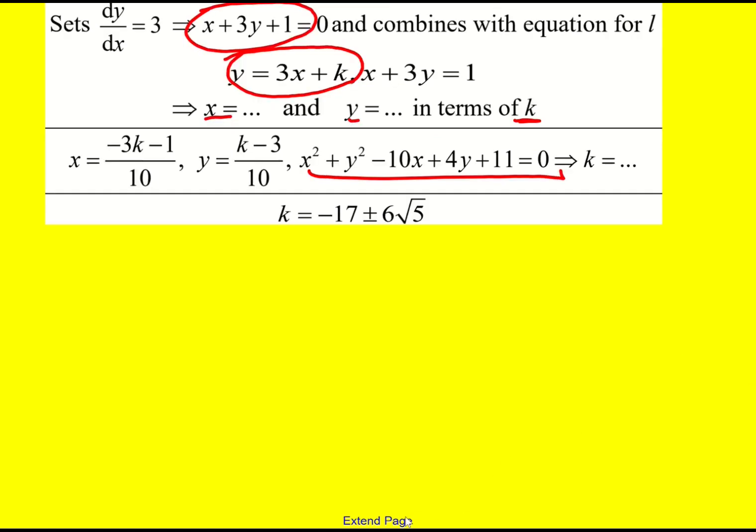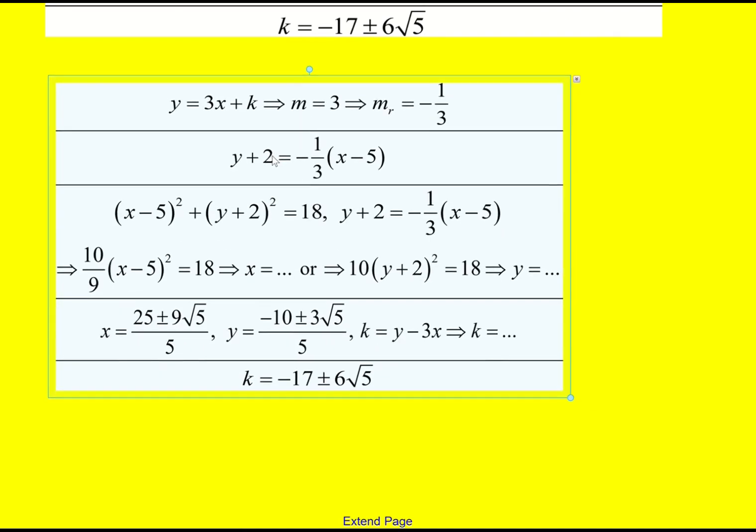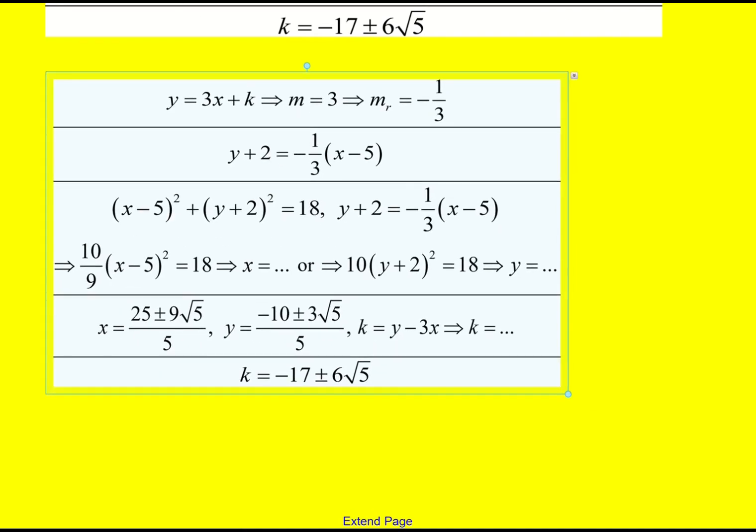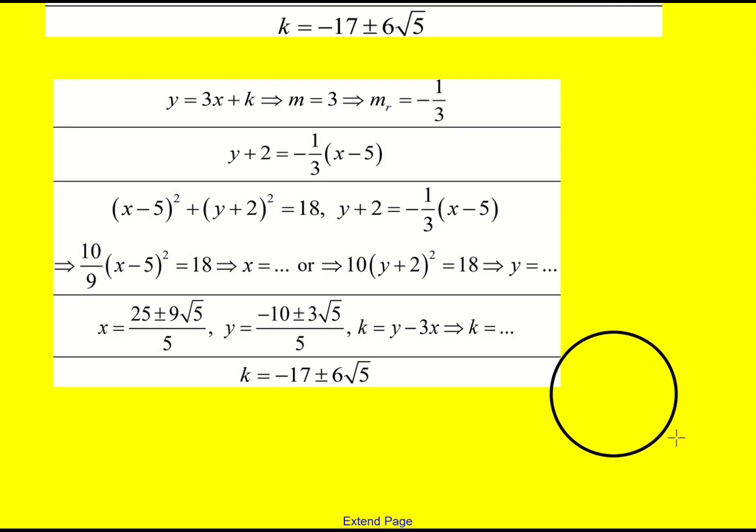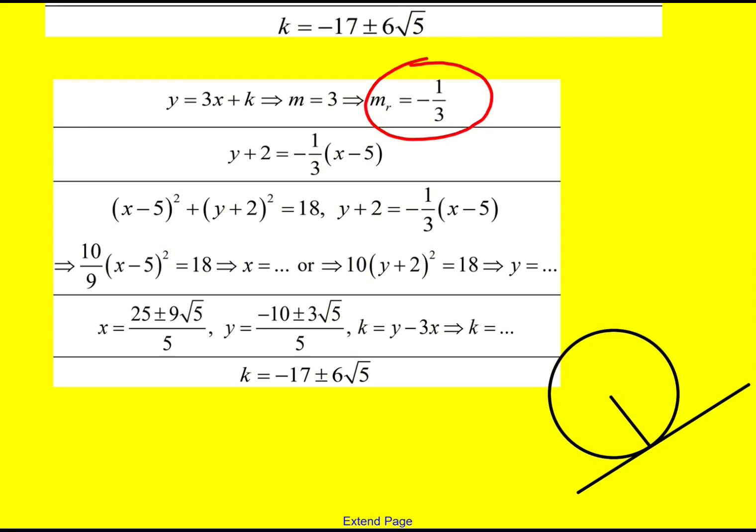Finally, a fourth method for doing this question. So I drew a little sketch before of the circle and the tangent. Now we know the tangent gradient is 3, which means the normal gradient is minus a third. And that normal will necessarily go through the center. So this method uses that approach, minus a third, and then we can construct an equation for the normal.